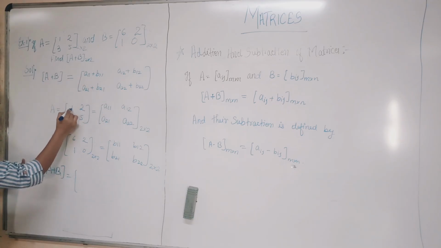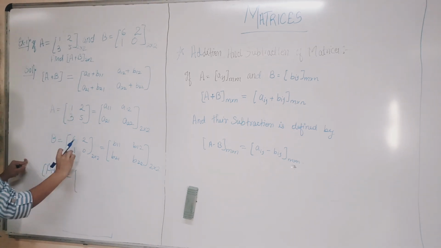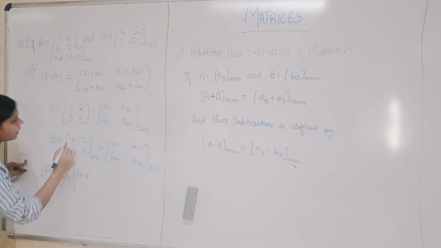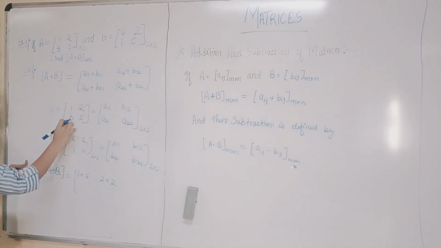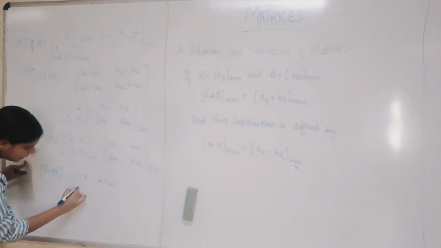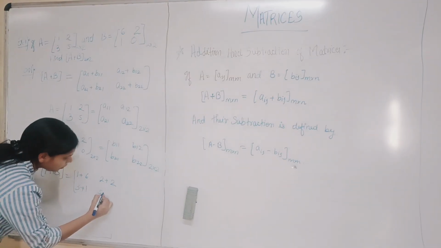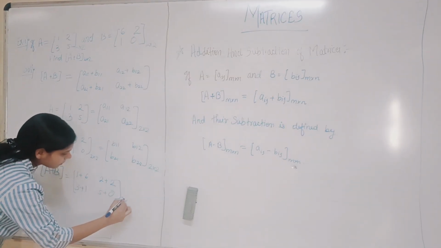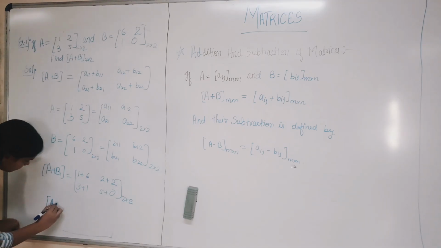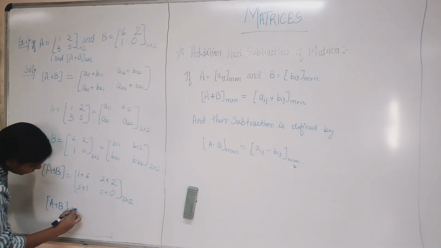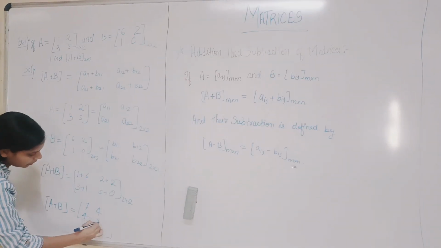So A plus B will be A11 plus B11, which means 1 plus 6, and 2 plus 2, 3 plus 1, and the last one is 5 plus 0. So A plus B is equal to 7, 4, 4 and 5.